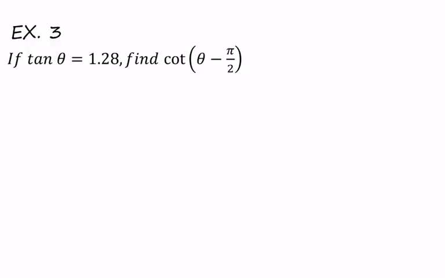Okay, example 3 says if tangent of theta equals 1.28, find the cotangent of theta minus pi over 2. Anytime you see something in parentheses with a theta and a pi over 2, you're probably going to use the cofunction identities.